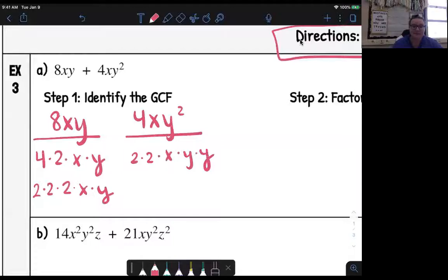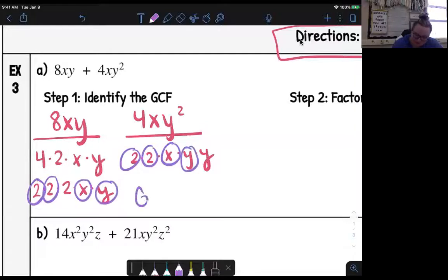So just like we did in our previous lesson, we're going to circle what they have in common. So I see 2 2's, I see an x in common, and I see a y in common. So our GCF is 2 times 2, which is 4xy.